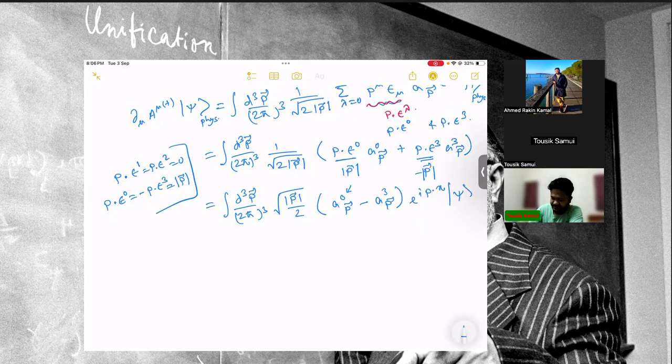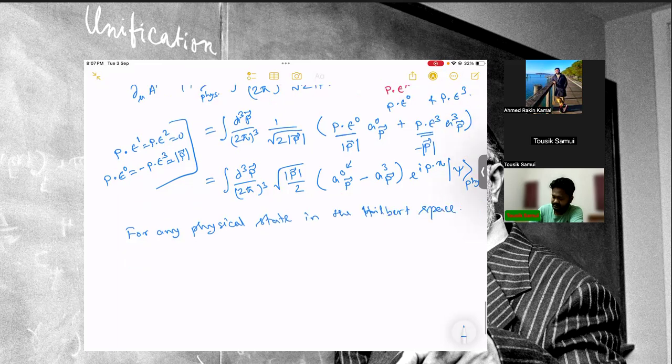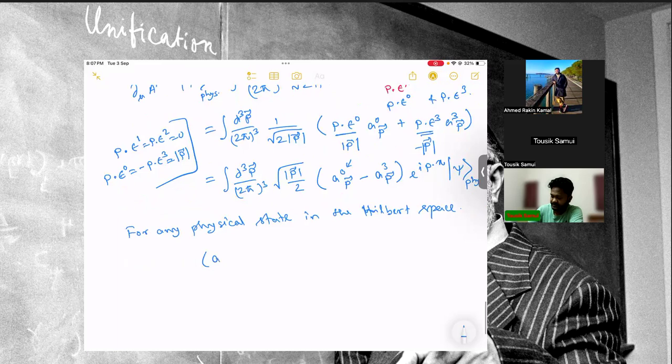So for any physical state in the Hilbert space, we effectively have this condition.